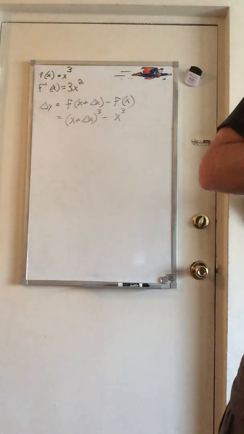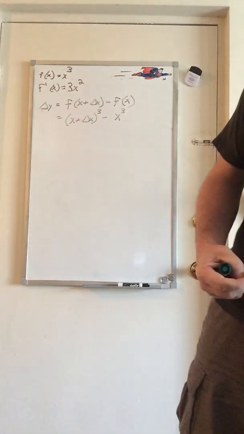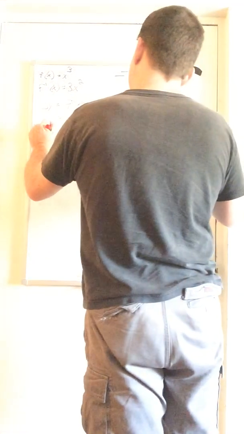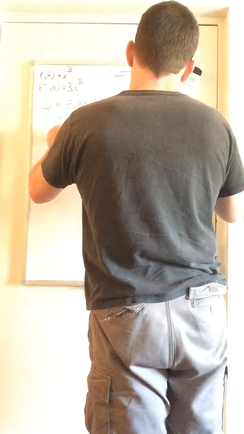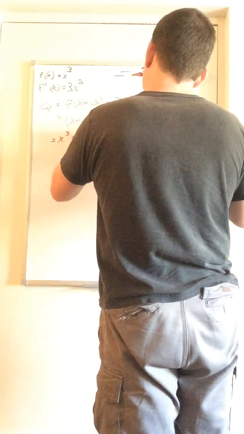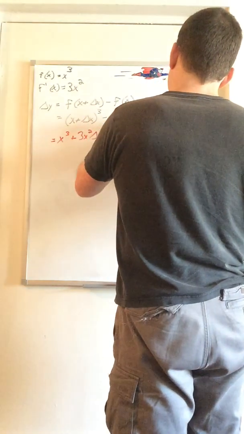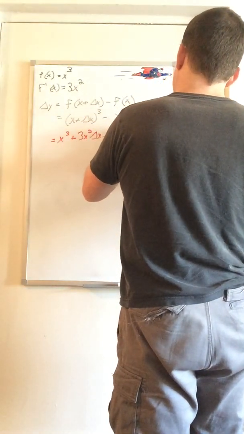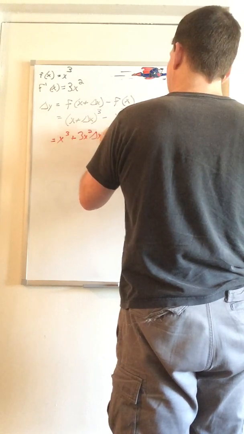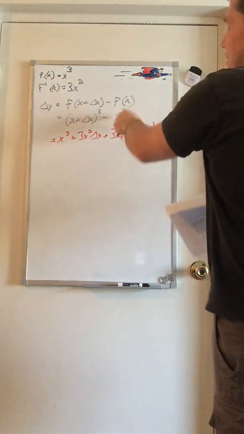Here, I am going to just write out the expansion of that. If you cube it all out, it's equal to x cubed plus 3x squared delta x plus 3x delta x squared plus delta x cubed, and I'm going to put that in parentheses so we don't get confused, minus the x cubed right here.